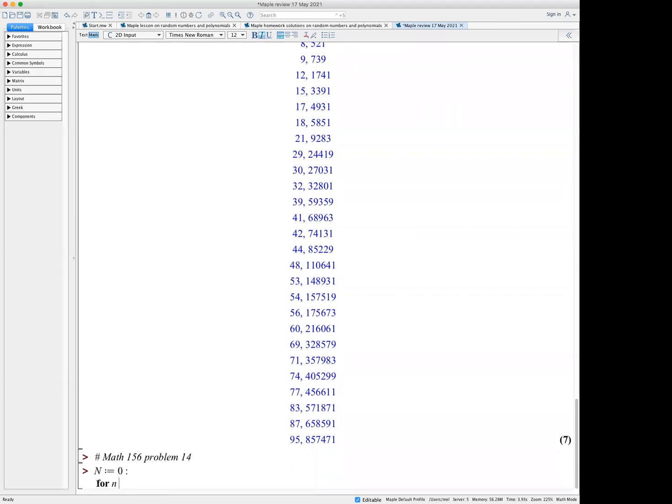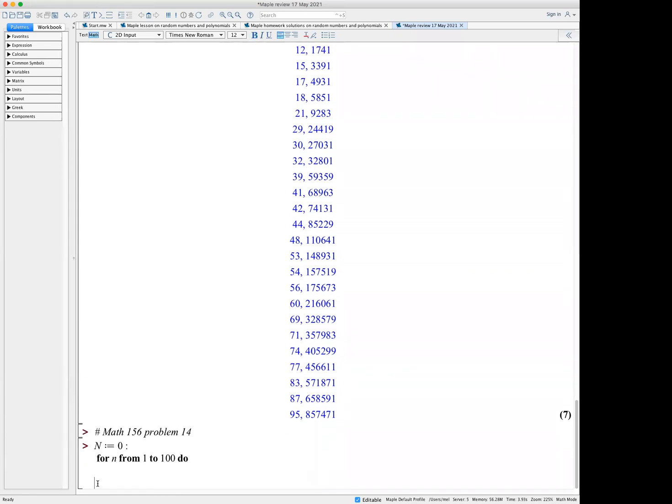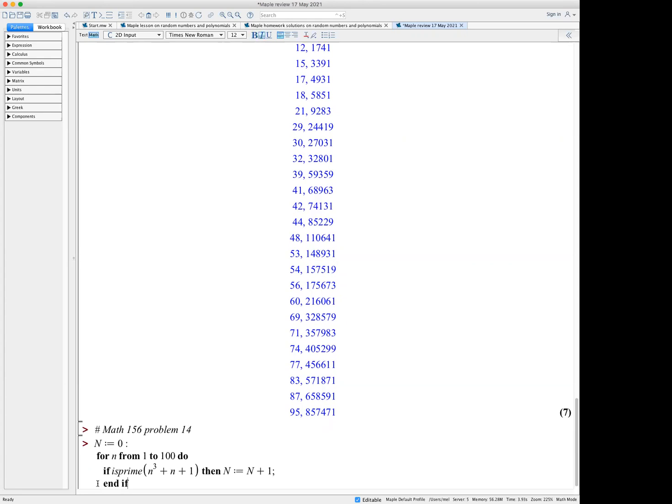So I want to say for n from 1 to 100, do, put in my n do, if this number n cubed plus n plus 1 is prime, then add 1 to N. So replace N with N plus 1. And I need an end if.